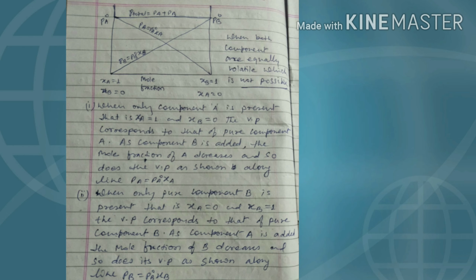When only pure component B is present, that is XA is equal to 0 and XB is equal to 1, the vapor pressure corresponds to that of pure component B. As component A is added, the mole fraction of B decreases, and so does its vapor pressure, as shown along the line PB is equal to PB naught XB, given in the line PA naught PB naught.